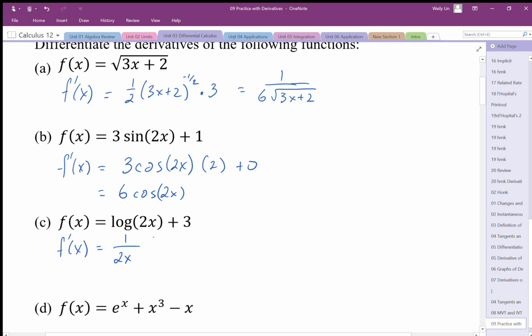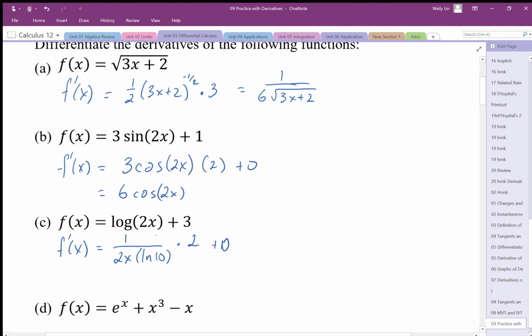Because the base is not base e, we have to account for that. So with logs, when we differentiate logs, we're going to divide by log of the base. And because of that 2, we're going to multiply the times 2 because it's a horizontal compression. And then we get plus 0.